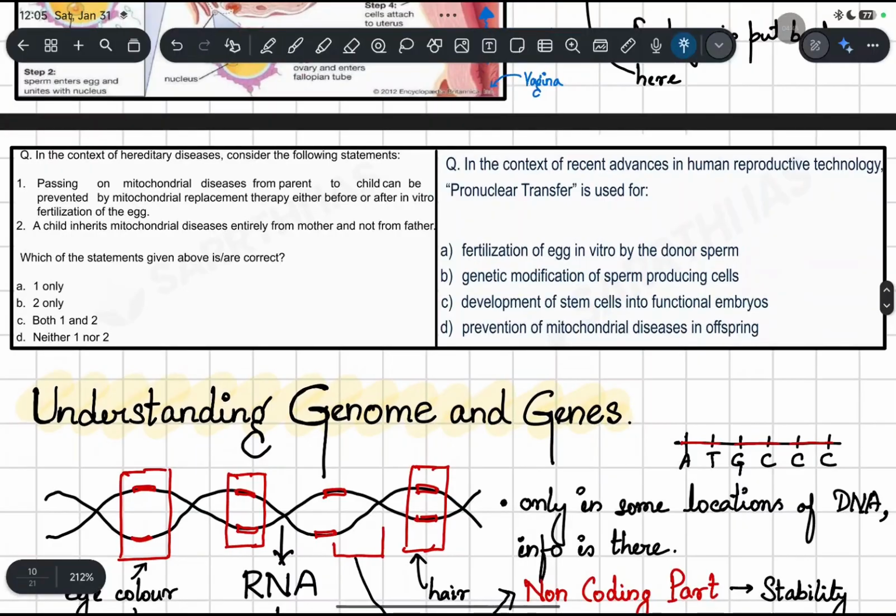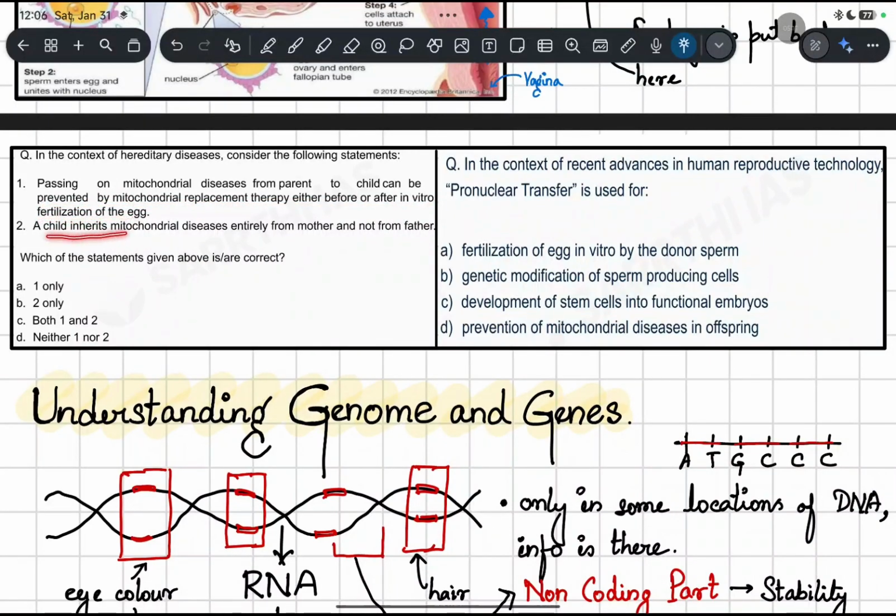Then we'll see two different PYQs. In the context of hereditary disease, consider the following statements. One: passing on mitochondrial disease from parent to child can be prevented by mitochondrial replacement therapy either before or after in vitro fertilization of the egg.